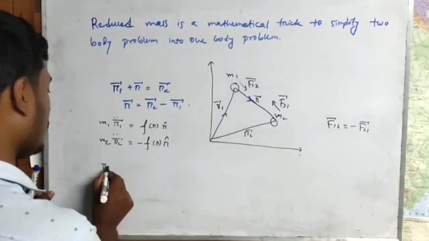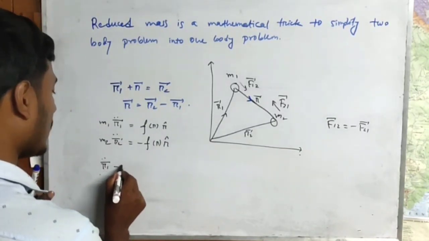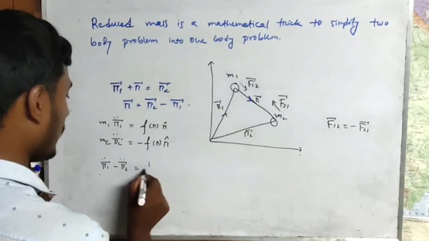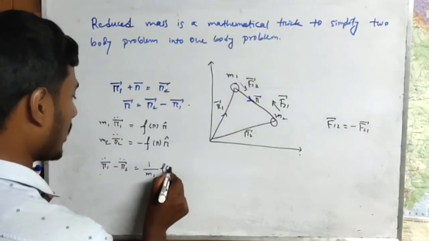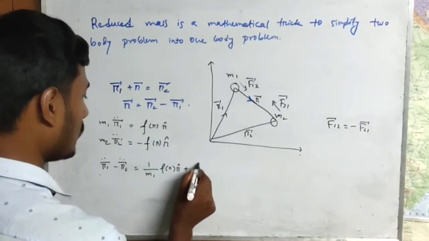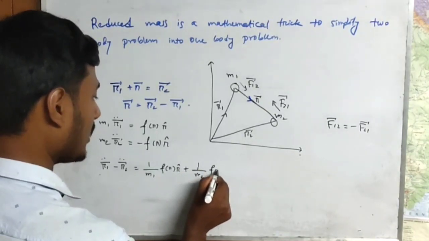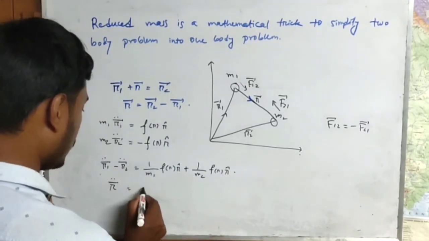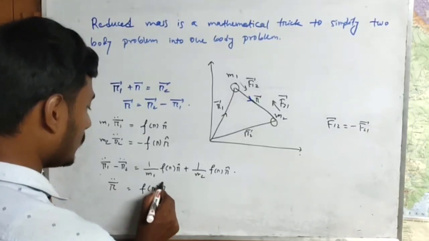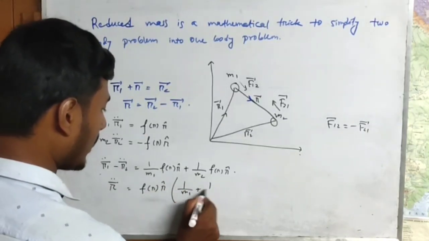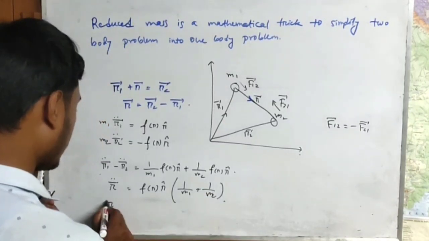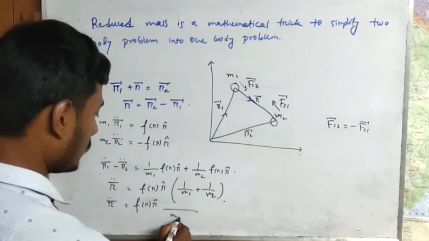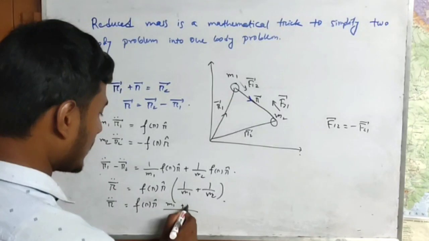Now we can write r1 double dot minus r2 double dot. If we subtract these two accelerations, we will have 1 by m1 f of r r cap plus 1 by m2 f of r r cap. That is, r vector double dot equals f of r r cap into (1/m1 + 1/m2), that is, r double dot is equal to f of r r cap into (m1 + m2)/(m1 m2).